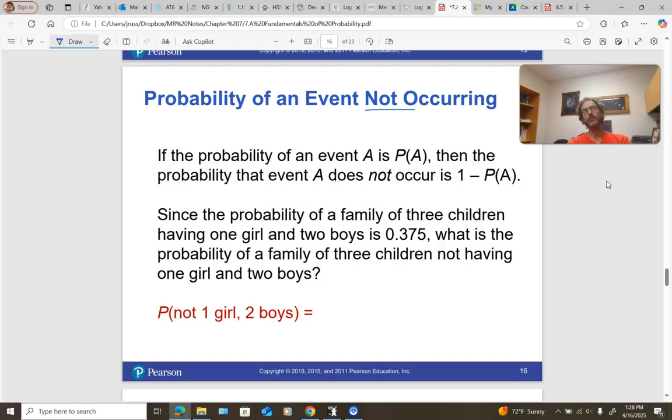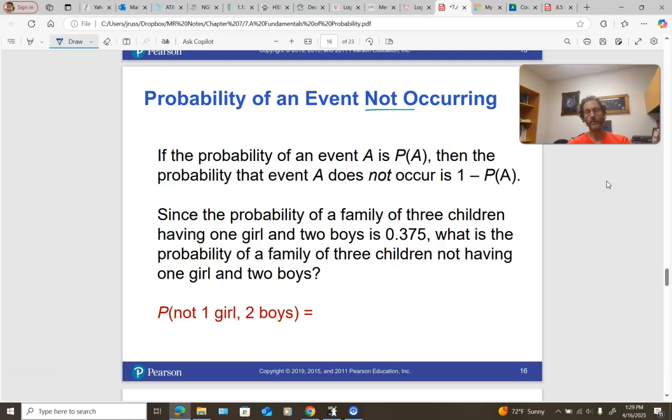If I wanted to know the probability that it will not rain on Saturday, it might be easier for me to determine this by knowing the probability that it will rain. So if the probability that it will rain is 30%, then whatever's left over in probability must be the probability that it will not rain, because one of those two events will occur.